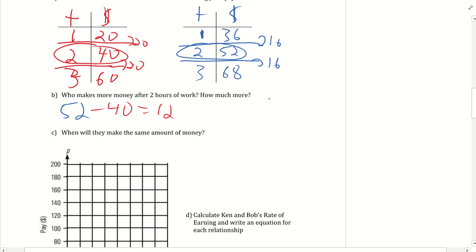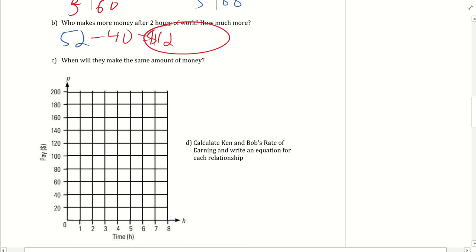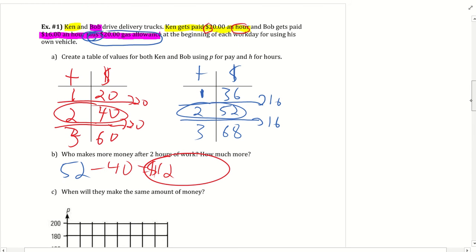It's definitely going to be Bob, and he's going to make $12 more in that time frame. So if you've noticed and you went back to the question, you can see that actually Ken gets paid more per hour than Bob. So eventually Ken's going to make more money than Bob, because eventually Ken's going to make up for that $20 in gas allowance.